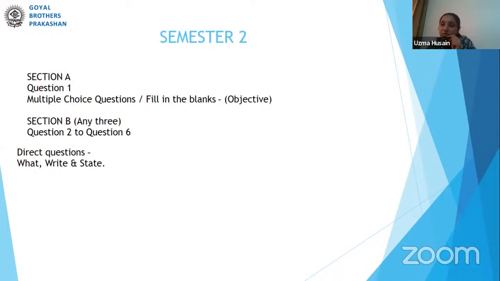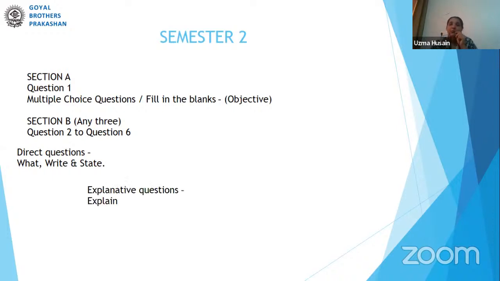What is a summary budget, or a master budget? Write three features of internal resources, or write three advantages of internal resources. Same way, it can be mentioned as state three benefits of budgeting. So various points are there where direct questions can come.